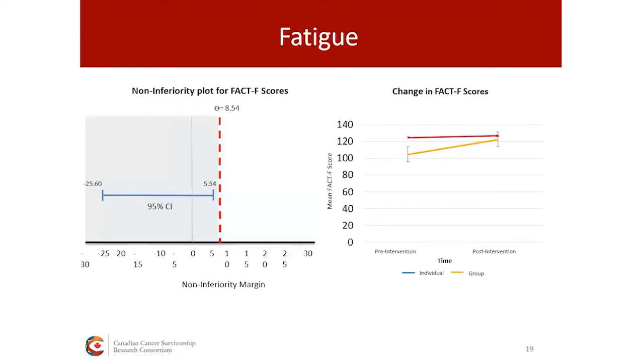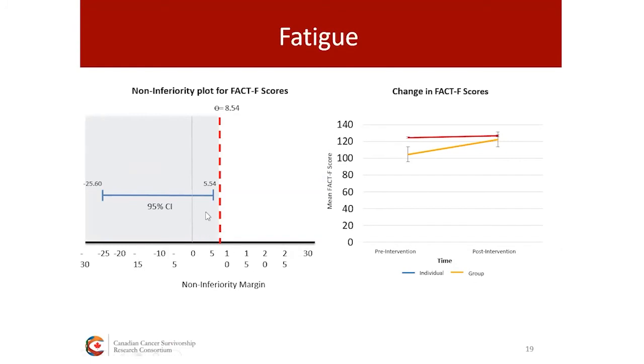Now, fatigue. For fatigue, the trend reversed, because to notice any improvement in fatigue and perceived social support, the post-intervention scores had to be greater than the pre-intervention scores. So the determination of non-inferiority was kind of flipped.